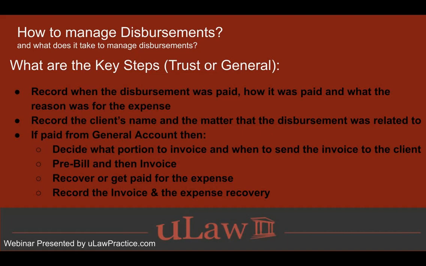So always start with following your bank, identifying the transaction, and noting it down as a disbursement with the relevant method of payment, the date of payment, and the reason or description for this expenditure or disbursement, into the right client's name and file or matter.